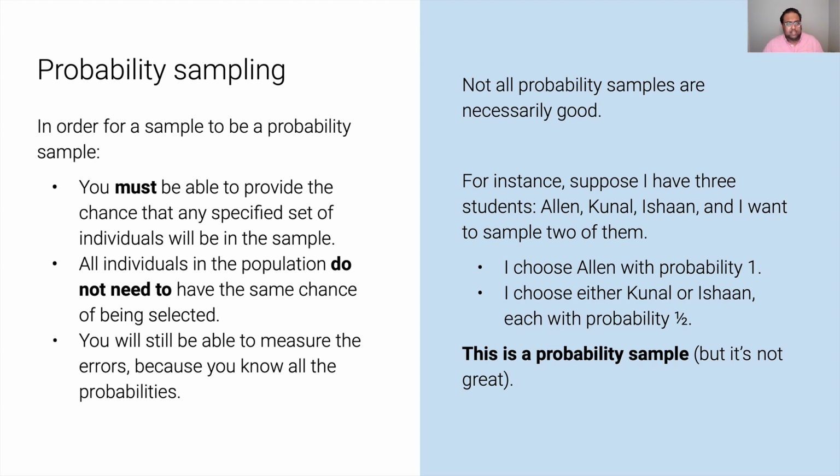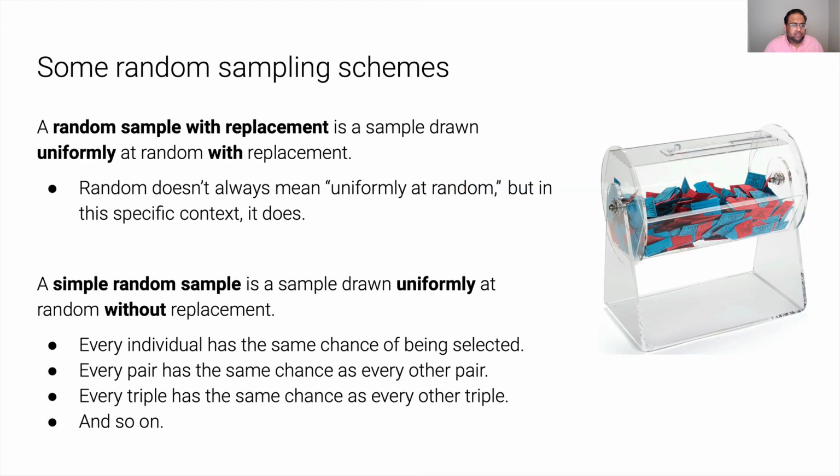This is a probability sample because for any specified set of individuals, I can tell you what the chance of them being in my sample is, right? The chance of the sample Alan and Kunal is 1/2. The chance of the sample Alan and Ishan is 1/2. And the chance of the sample Kunal and Ishan is 0. Right? So this is a probability sample, but it's not so great. Some better probability sampling techniques are what we will look at right now.